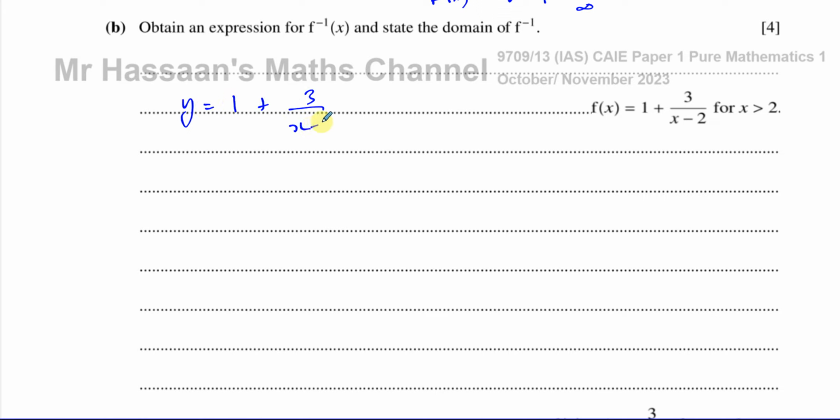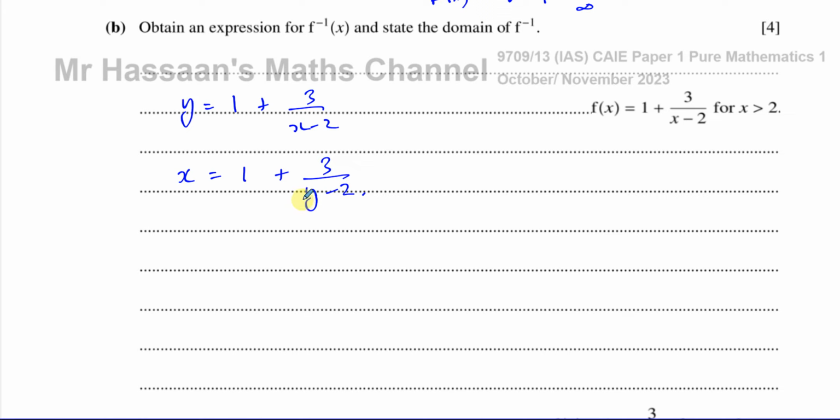Now for the inverse function, what we do is we basically switch around the x and the y. So I'm going to write the y as x, and I'm going to write the x as y. Then when I make this y the subject, I will end up with the inverse function.